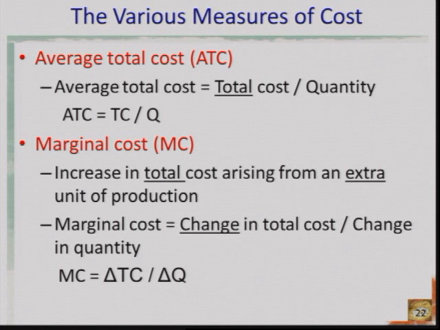So if your quantity goes from 0 to 1, 2, 3, 4, 5, 6, 7, 8, 9, 10, it's always changing by 1 cup of coffee in this case, and so you don't really have to worry about that part on the denominator. If the change in quantity is 1, it's just going to be the change in total cost divided by 1.